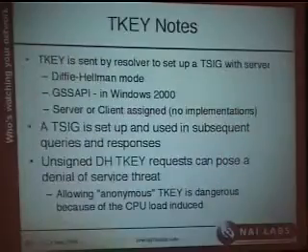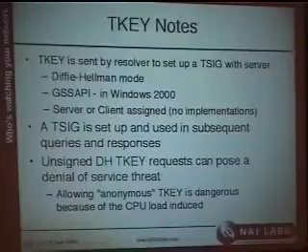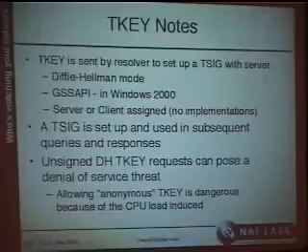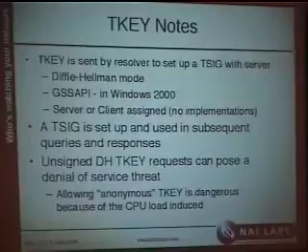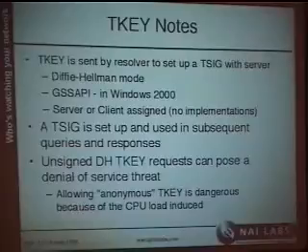A TKEY can happen one of four ways. I take that back, it's defined to be one of four ways. One is through a Diffie-Hellman exchange, which, if you're familiar with cryptography, is a method where you can take public keys and private keys at two ends and agree on a shared secret without exchanging any information about the secret itself. The next one is the GSS API that Microsoft has defined in Windows 2000 as a method for generating a shared secret.